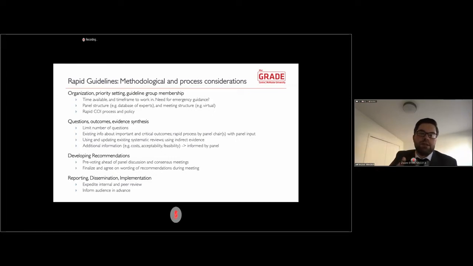So when the process starts, putting out a news alert, for example, to relevant and key members of the target audience. So those are some considerations for the methods that may be applied to producing guidelines more rapidly. And of course, these are covered in more detail in the publication example.